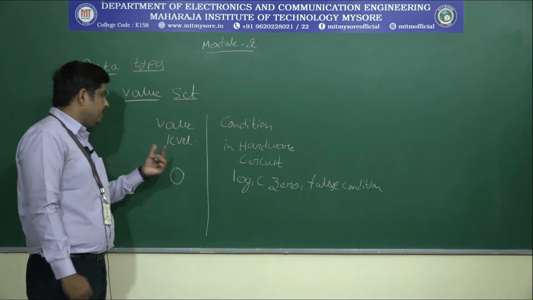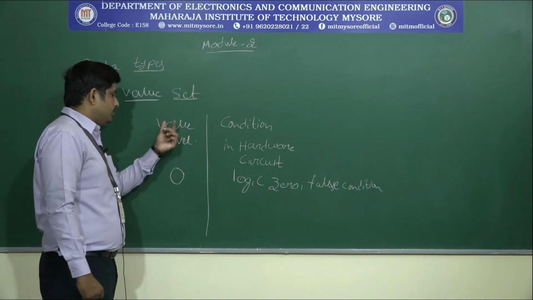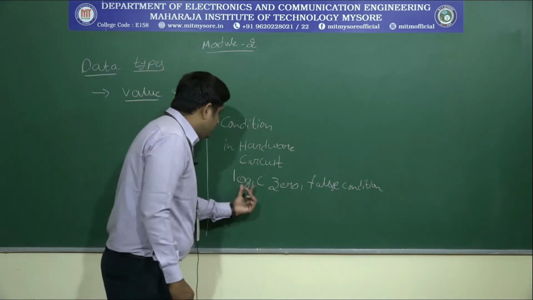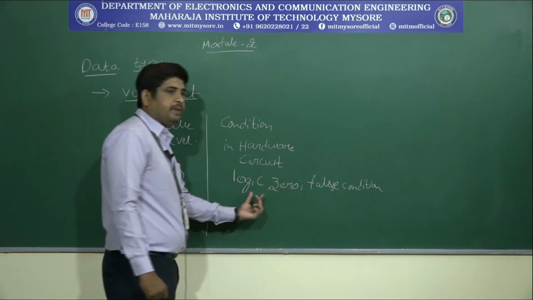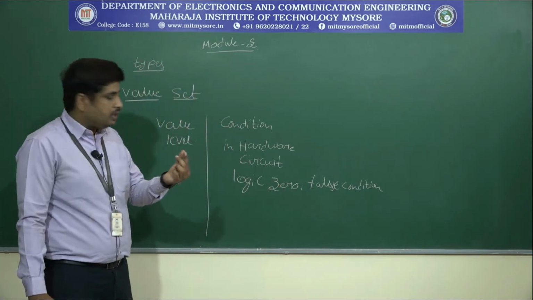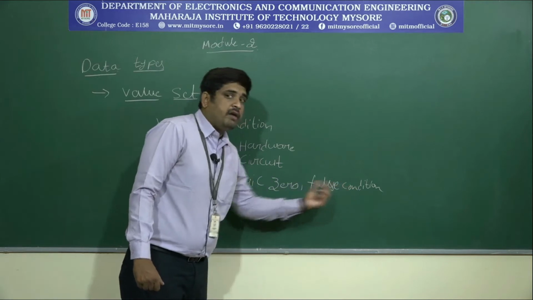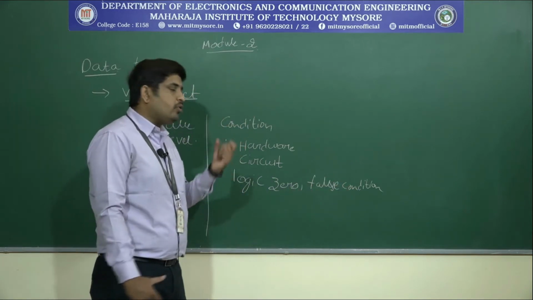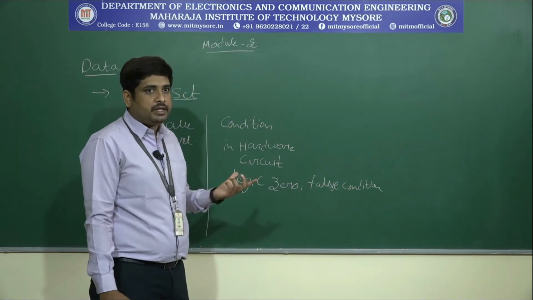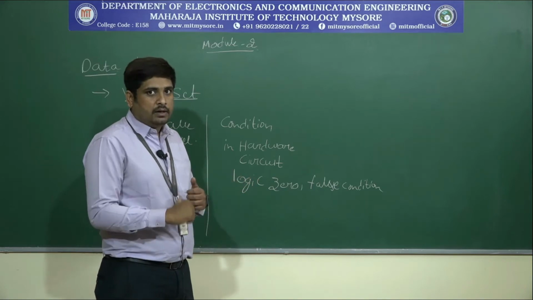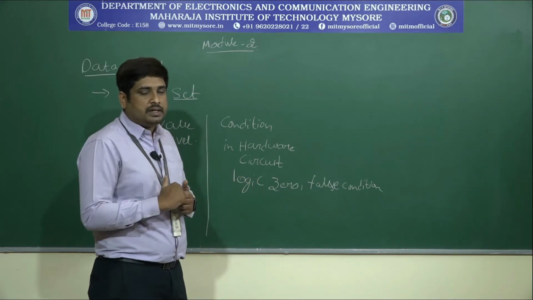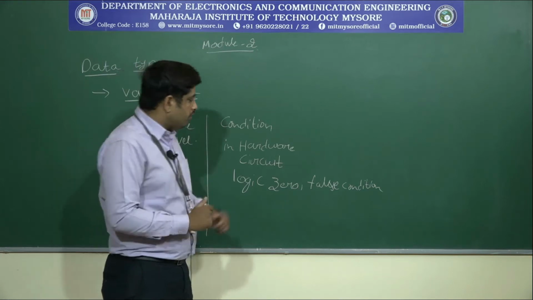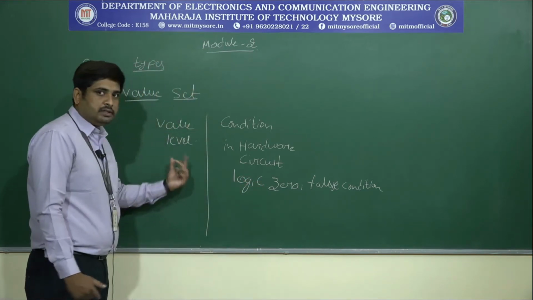It means when you apply a value level of 0, it should be a logic 0 with respect to a logic condition, and it should be a false condition. Usually there are 2 conditions we apply in Verilog HDL, either 0 or 1, either true condition or false condition. So in all false conditions we write a 0. That is the first one.